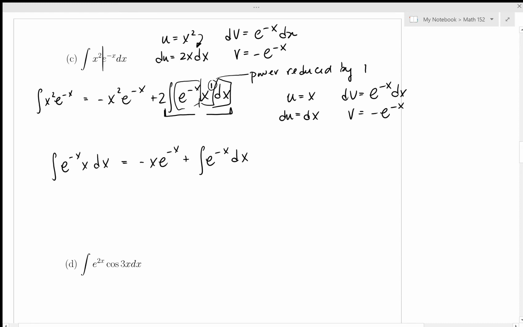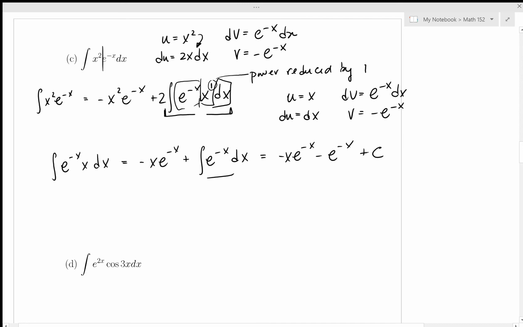There it is. Okay, then I'm in a much nicer position. You can easily now proceed with this by inspection. That is going to be minus x e to the minus x, and I'm going to integrate this here, which I can now do completely, and that is e to the minus x plus a constant.